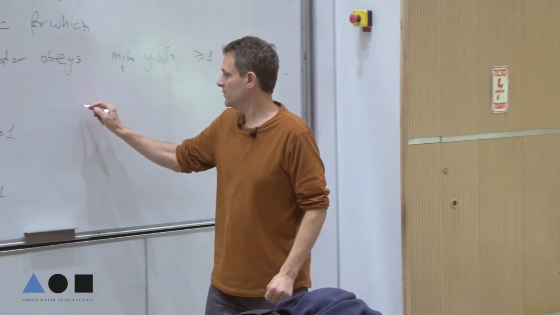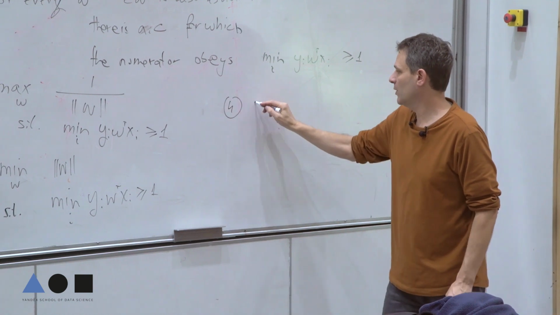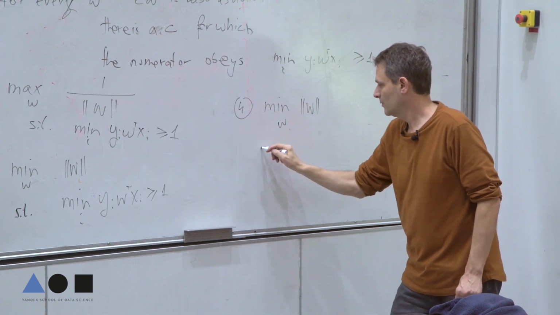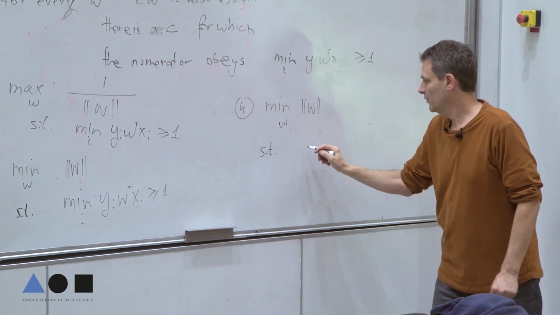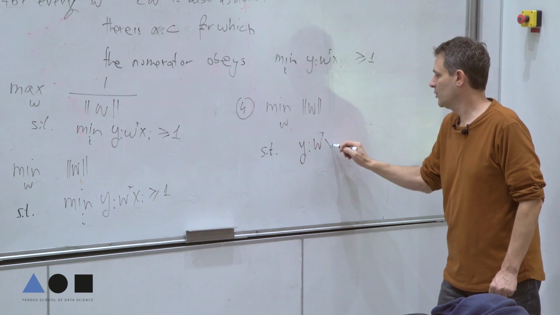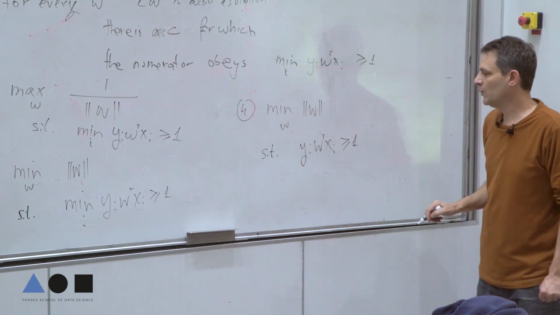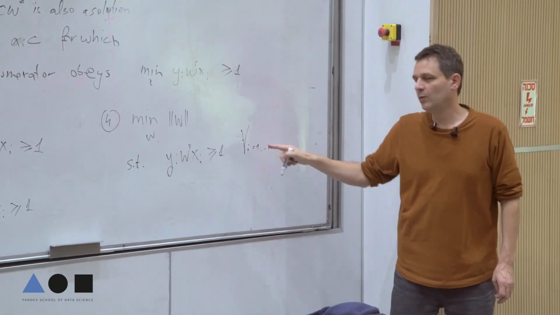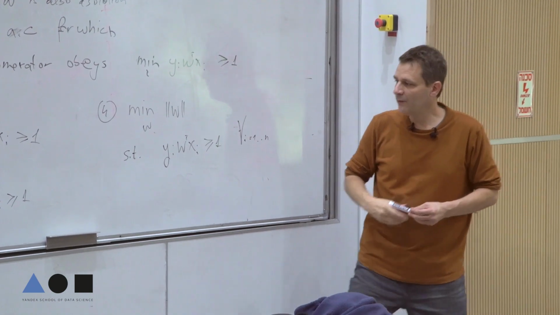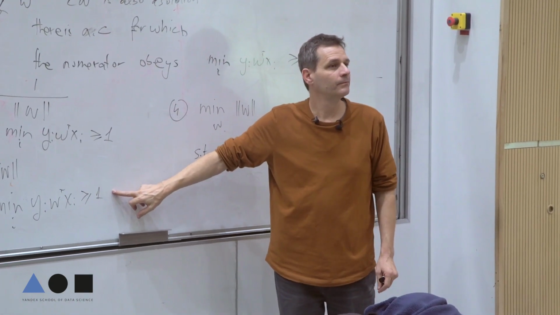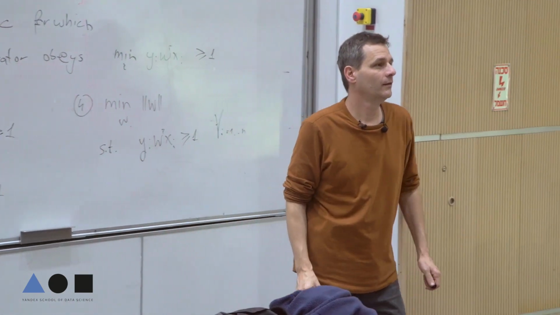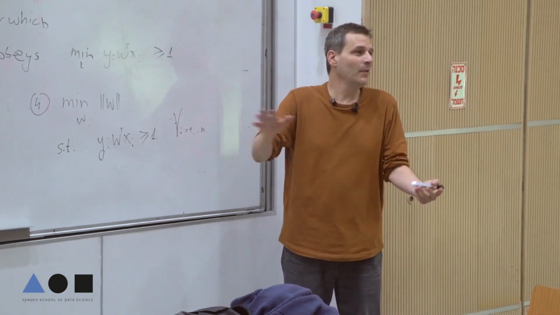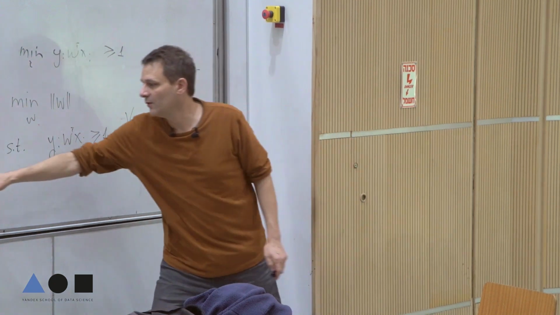So what I'm saying is this is also equivalent to the following problem, such that yi w transpose xi is larger than 1 for all i equals 1 to n. Let's see why this is true. If the minimum is larger than 1, then everyone is larger than 1, right? On the other hand, if all of them are larger than 1, then the minimum is larger than 1, right? So these two are equivalent.